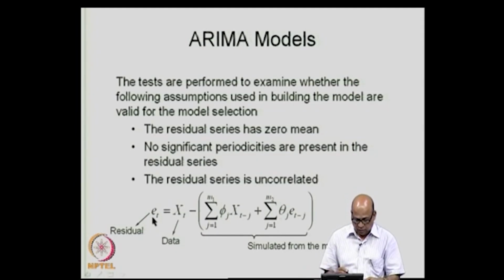As I said, E t, the residual, is equal to x t, which is the known data, minus the term corresponding to the simulated data from the model. So, this is the sum of phi j x t minus j plus theta j E t minus j. This is how you calculate the E t term. So, you have the sequence of E t's now.